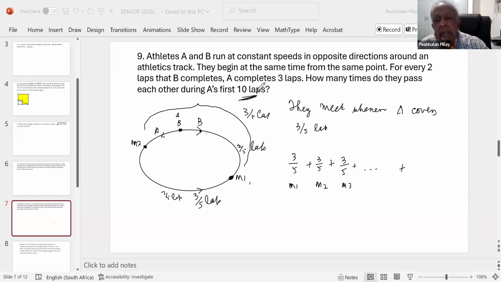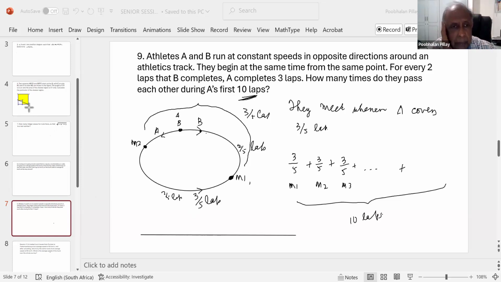When A covers 10 laps, altogether A covers 10 laps. It might be easier to visualize this as though you're not traveling along an ellipse, but along a straight line.